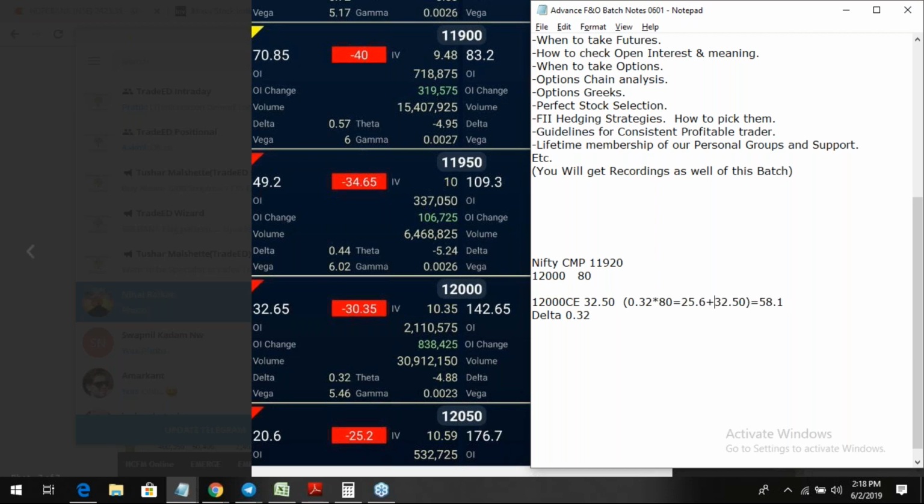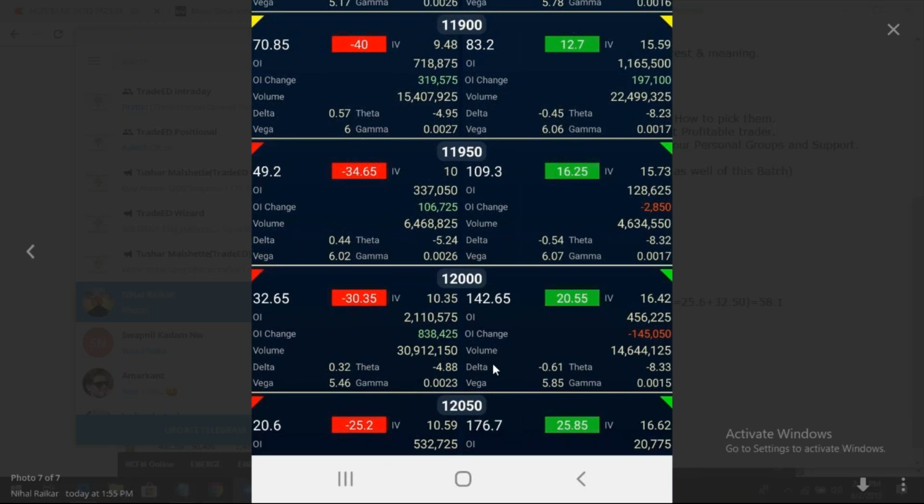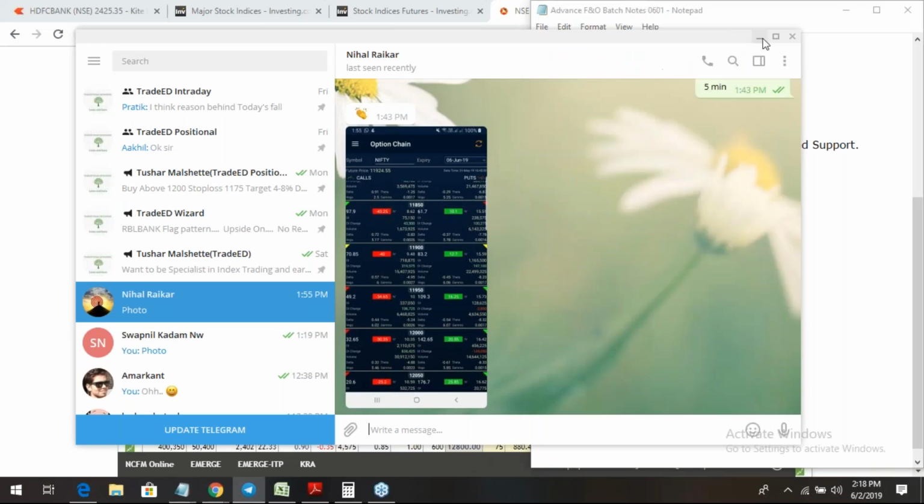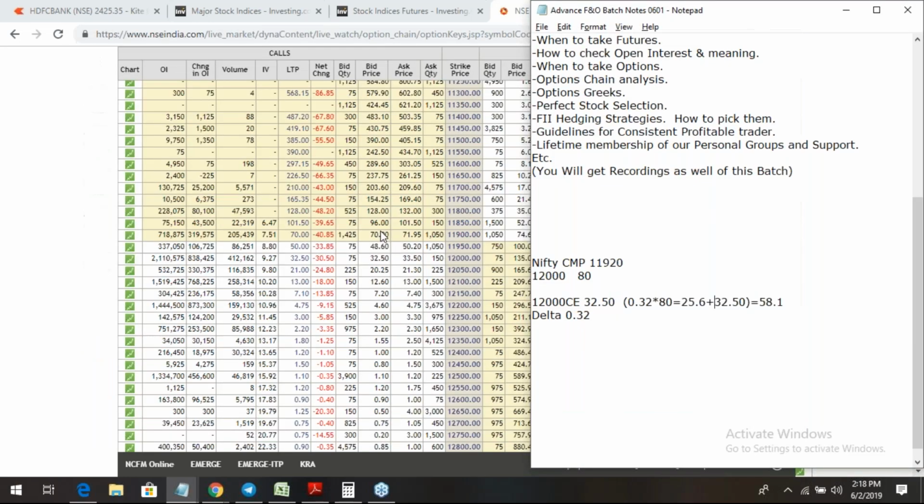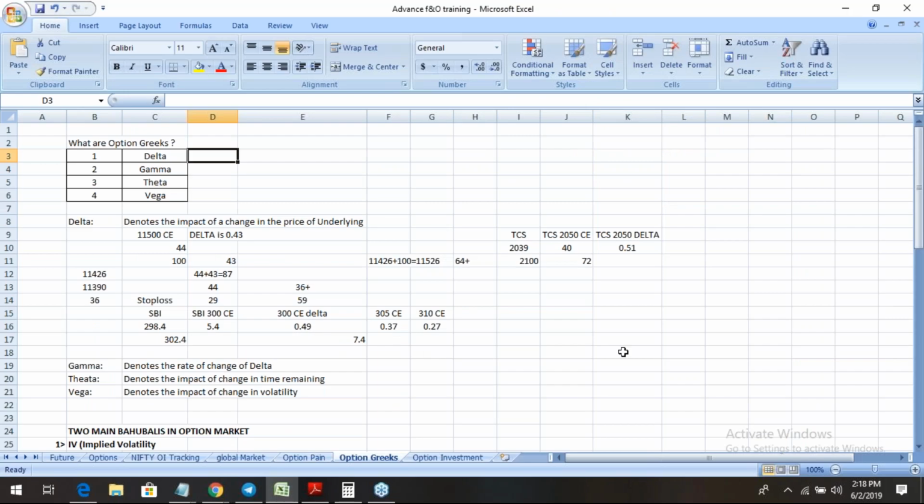Now everyone understood what delta is and how we calculate delta. Still any doubts? Please ask quickly. Everyone clear now?